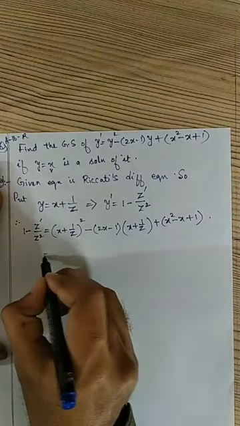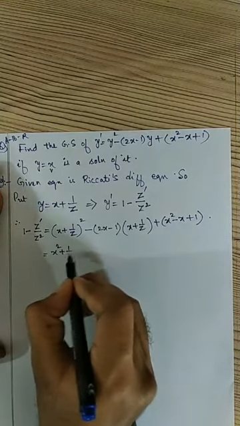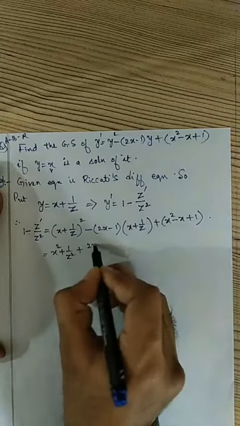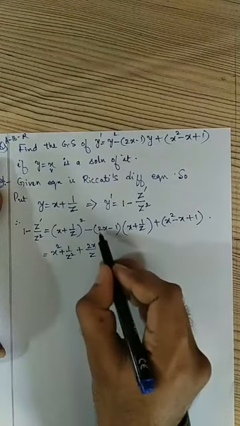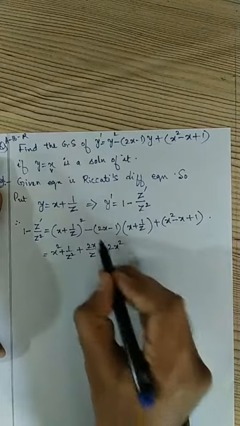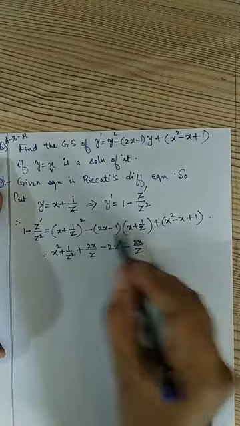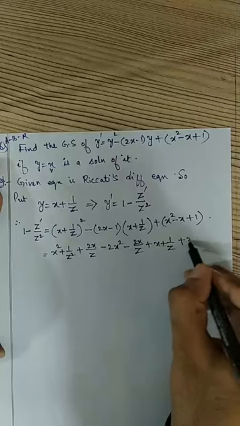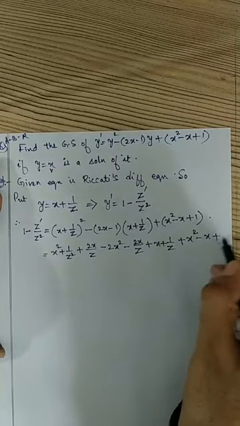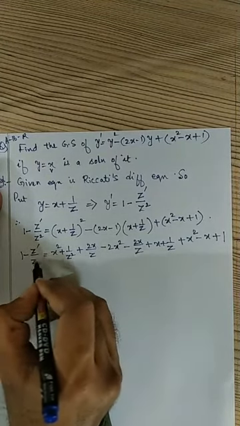Further, let us simplify this. (a plus b) whole square gives x square plus 1 by z square plus 2x by z. Now multiply: minus 2x into x is minus 2x square, then minus 2x by z, then minus times minus is plus, so plus x plus 1 by z, then plus x square minus x plus 1, and here 1 minus z dash by z square.